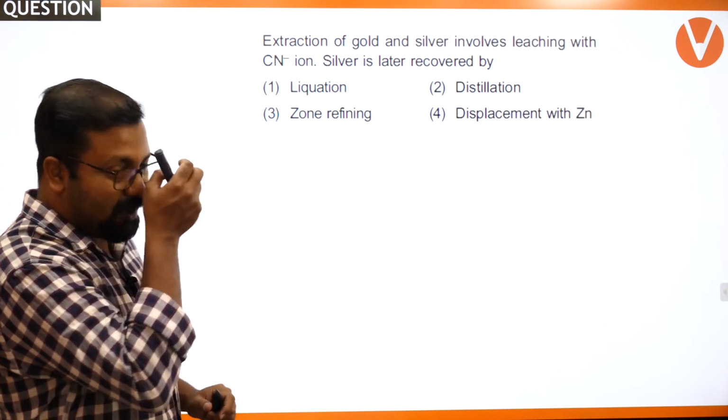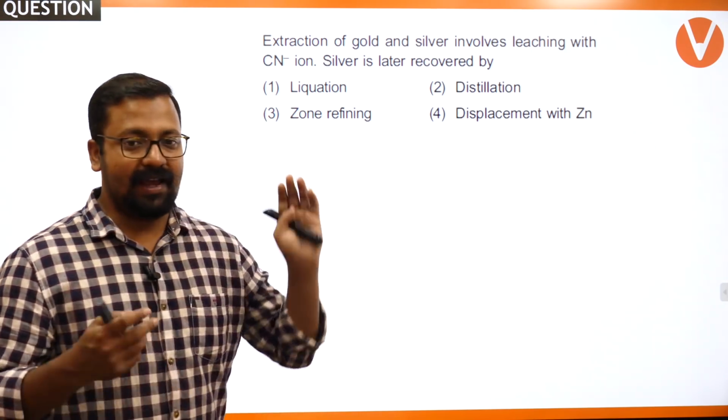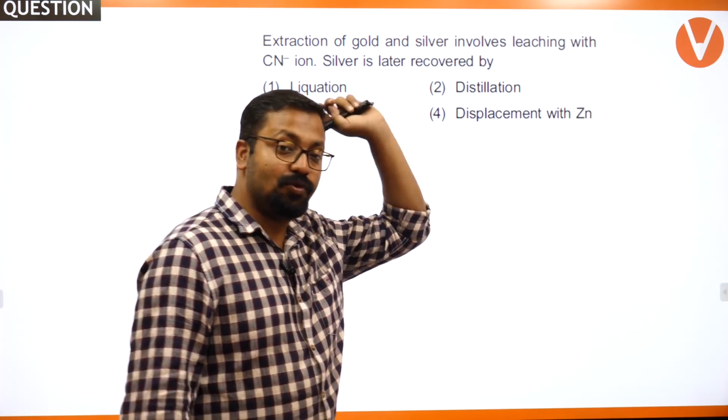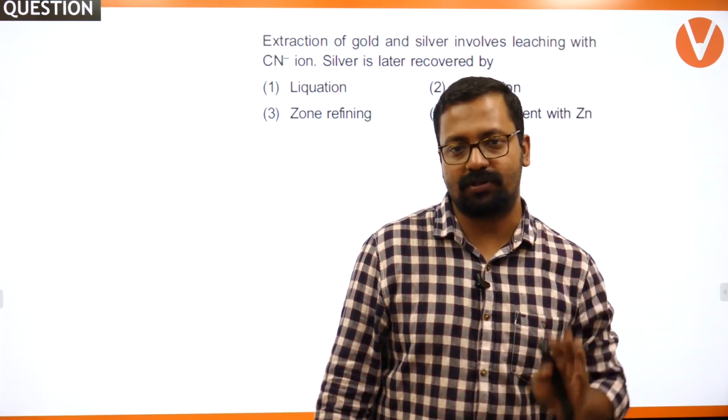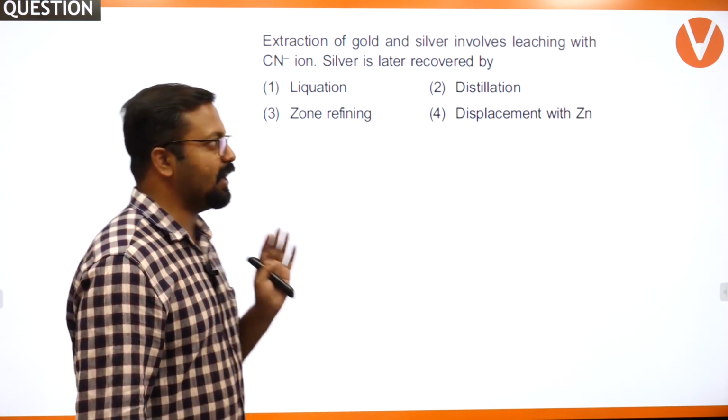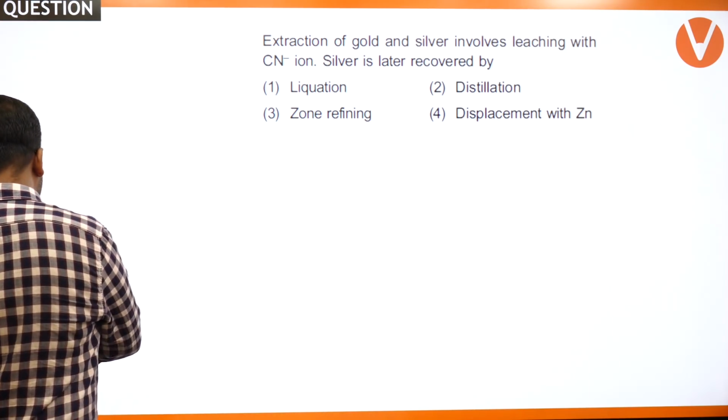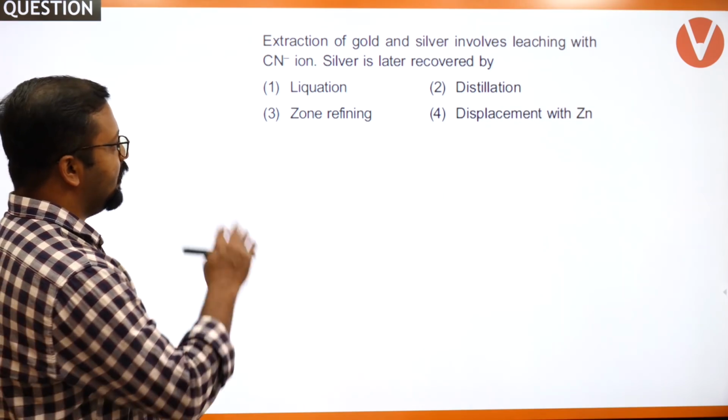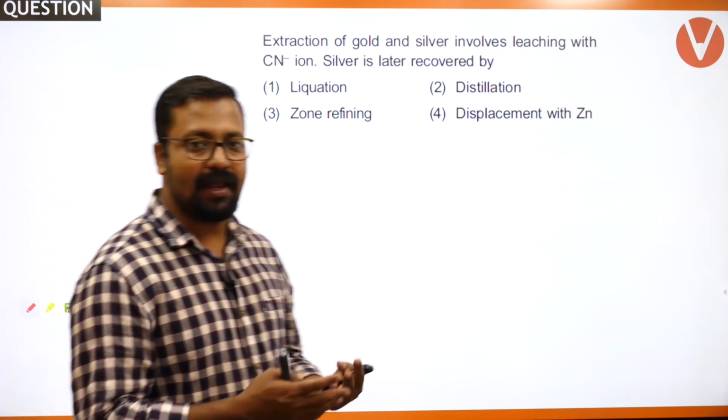Next, extraction of gold and silver takes place through the process of leaching. This is known as the MacArthur-Forrest cyanide process. In the cyanide process, what happens is we form a complex with NaCN.